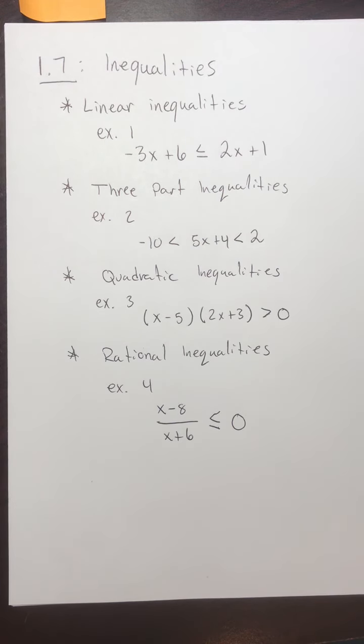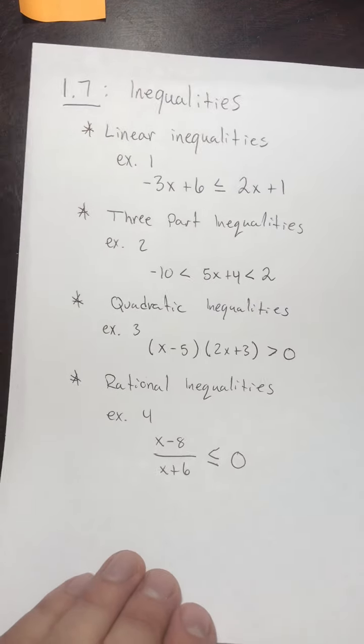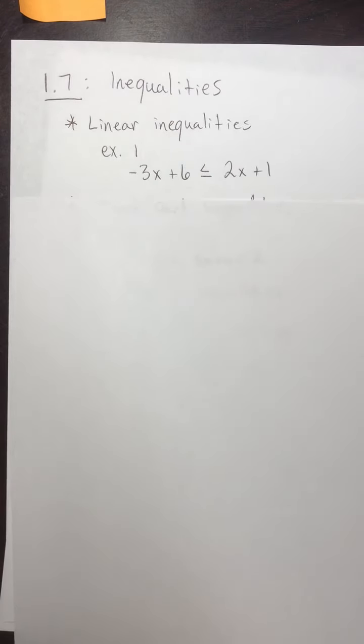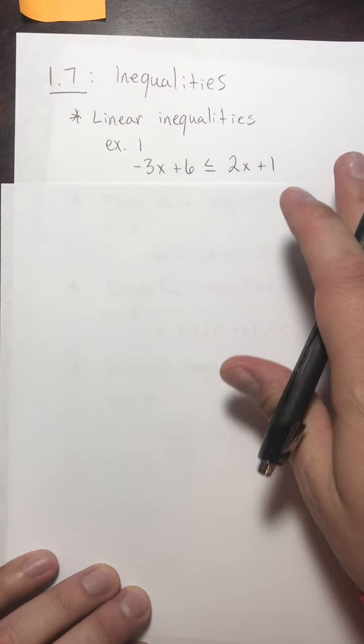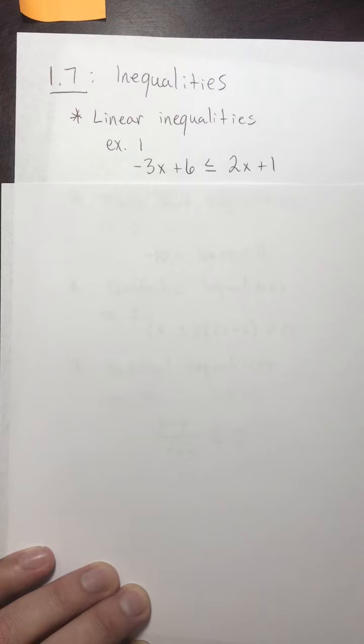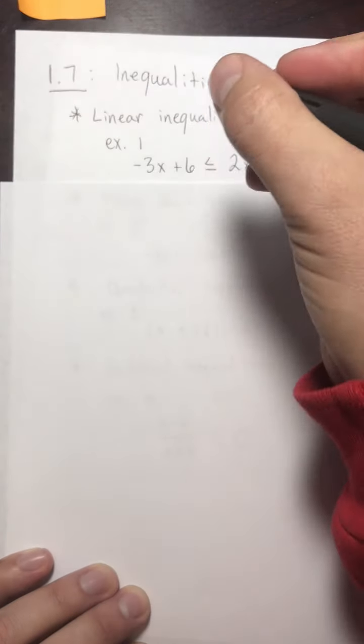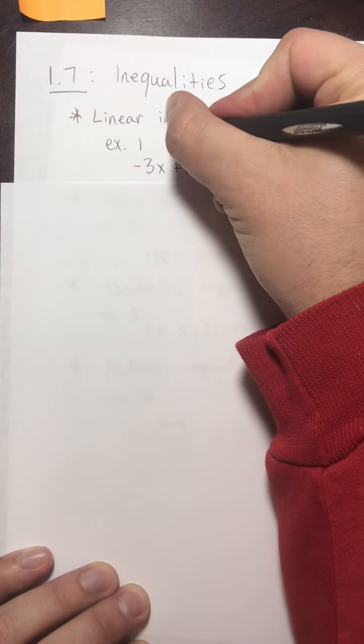We will be using a lot of interval notation, and if you need a refresher on interval notation, page 151 of the book talks about set notation and interval notation, and we're going to use that in each of these examples anyway. So first, let's take a look at this linear inequality. Negative 3x plus 6 less than or equal to 2x plus 1.